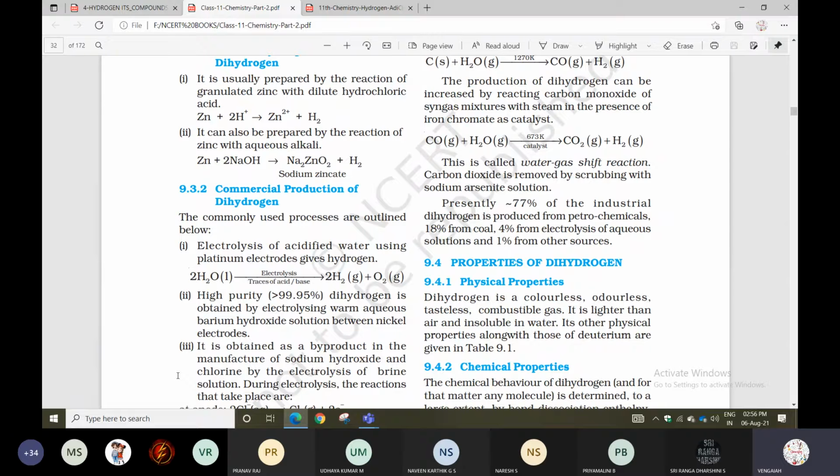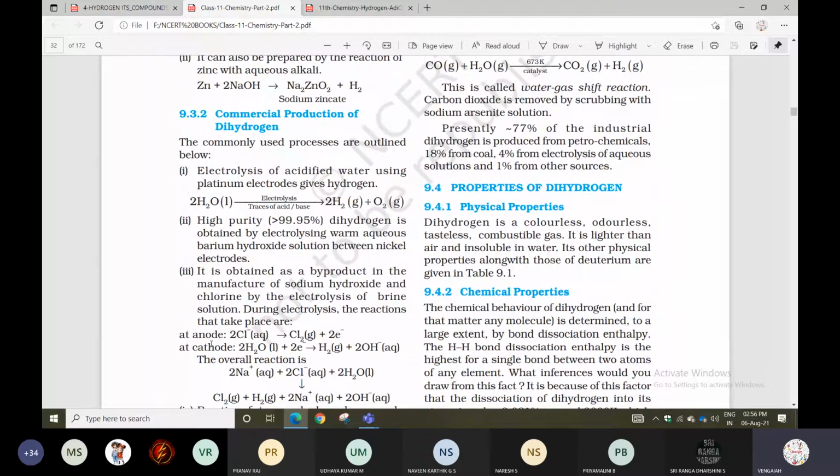It is also obtained as a byproduct in the manufacturing of sodium hydroxide and chlorine by the electrolysis of brine solution. During electrolysis, the reactions that take place at the cathode and anode are given, along with the overall cell reaction.